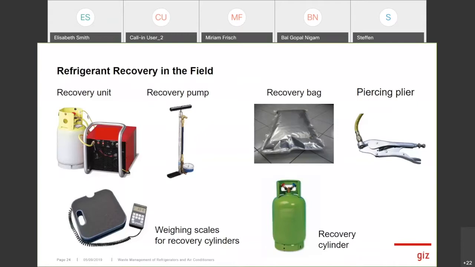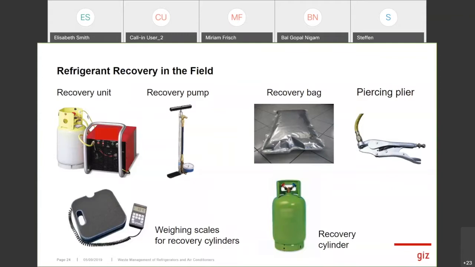Then we have a recovery bag. It is an old tool. I will not say that it is still very valuable, but it is to be found. Very important is a piercing plier to maintain the access to the refrigeration or air conditioning refrigerant circuit, to be able to suck off the refrigerant from the system.